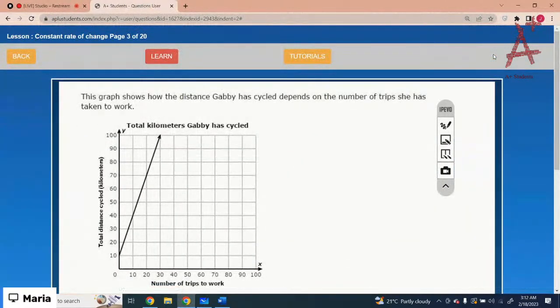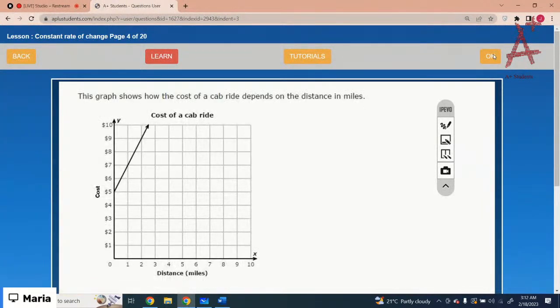Okay, the next one is, this graph shows how the cost of a cab ride depends on the distance in miles. So you can just select any 2 points on the graph. Here is the first point and here is the second one. Got it?